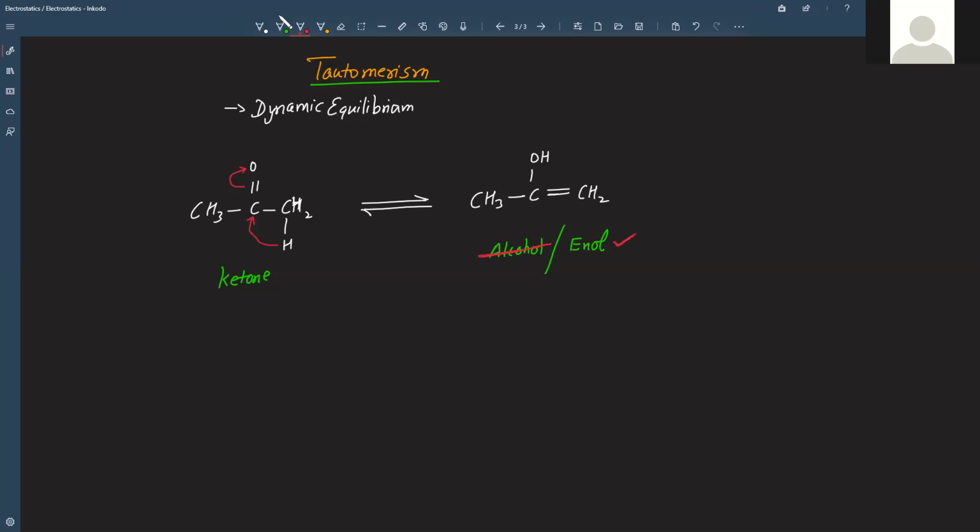This is something which you will study later, when you study ketone. In that chapter, you will study the same thing. So what we see here is, what is tautomerism now?